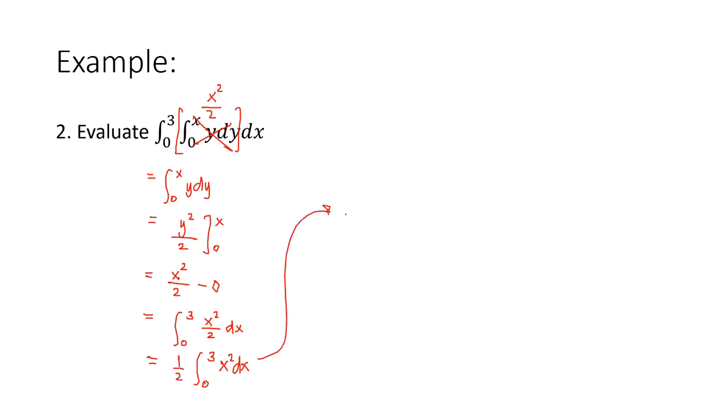The integral of x squared dx is x cubed over 3, with the limits from 0 to 3. So we have 1/2 times 3 cubed over 3 minus 0. This is now equivalent to 9/2 if you would calculate that.